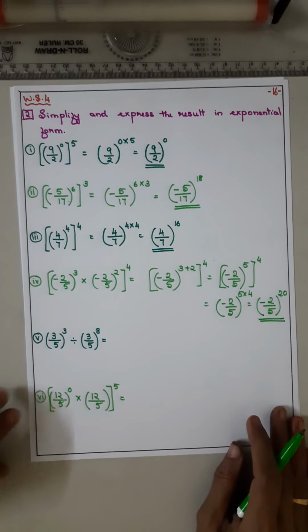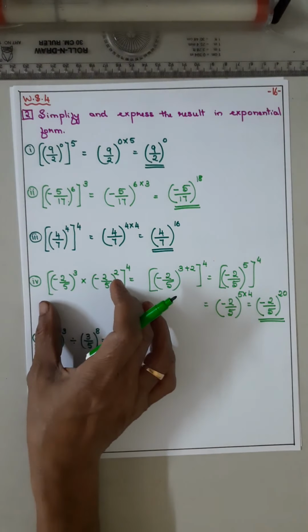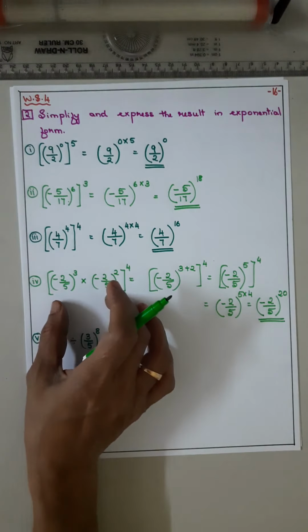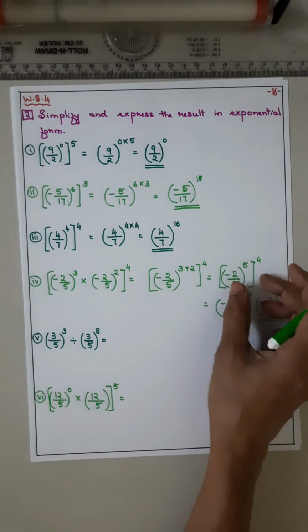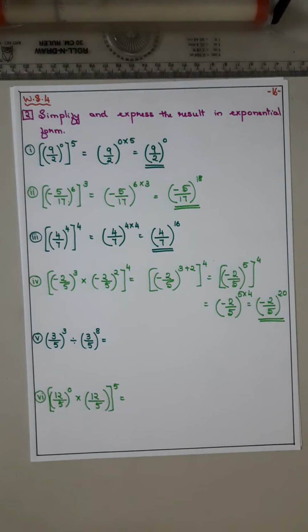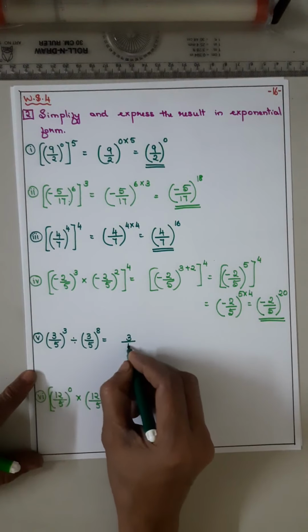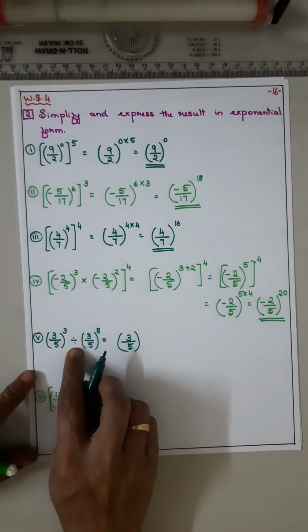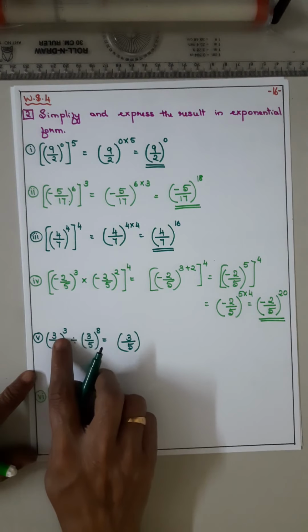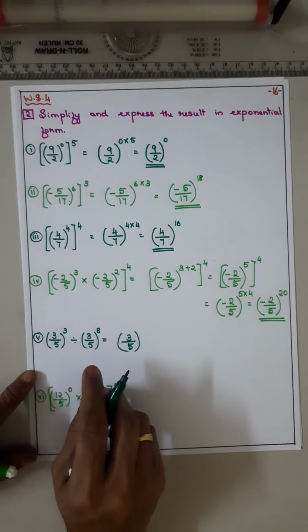Did everyone understand? So first solve this: in between multiplication, for this add the powers, then the bracket is there, for this multiply the powers. Okay, now coming to the fifth subdivision, 3 by 5 is the base and it is a division. Okay, now first is smaller, isn't it? First power is smaller.